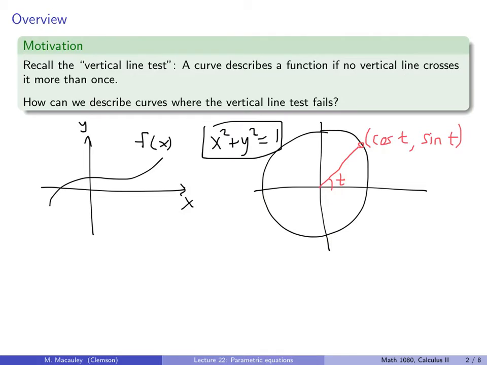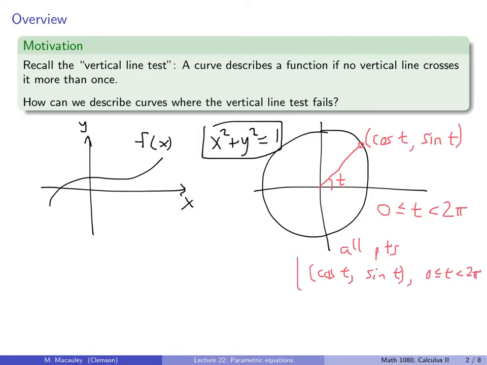So suppose t is greater than or equal to 0 and less than 2 pi. I could say that this circle is the set of all points that can be written as cosine of t, sine of t, where t is between 0 and 2 pi.